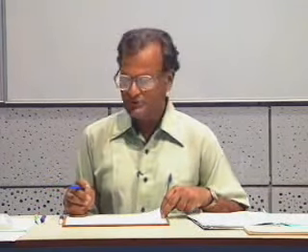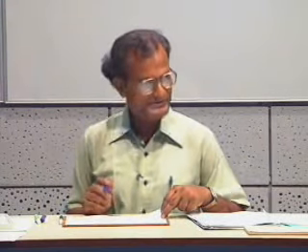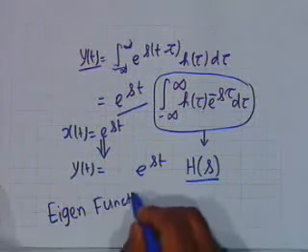There are many other functions which, when fed as excitation to a continuous time linear time invariant system, produce the same function multiplied by a constant. Such functions, of which e to the st is only an example, are called by the great name eigenfunction.